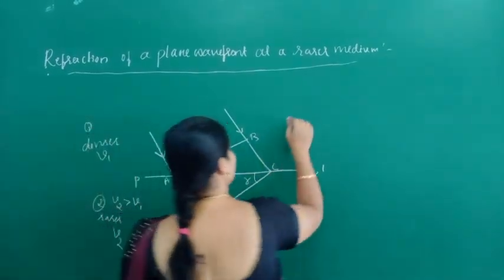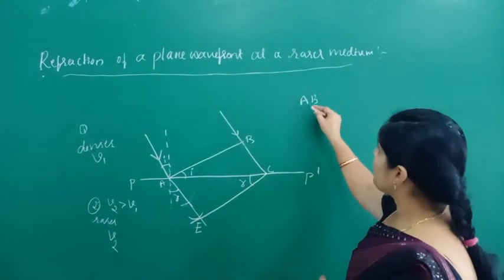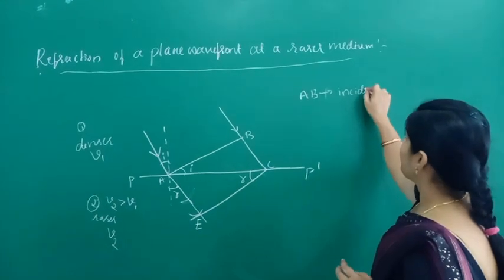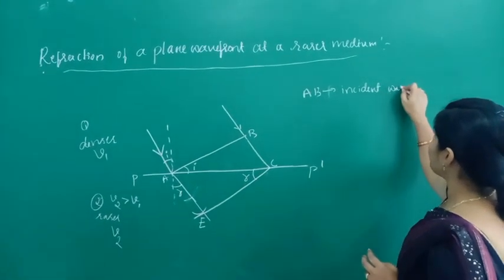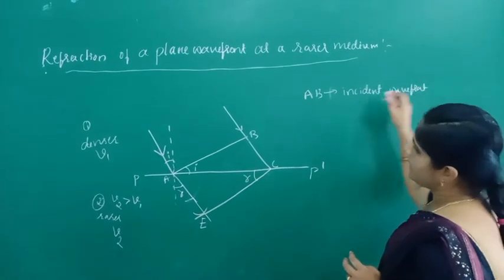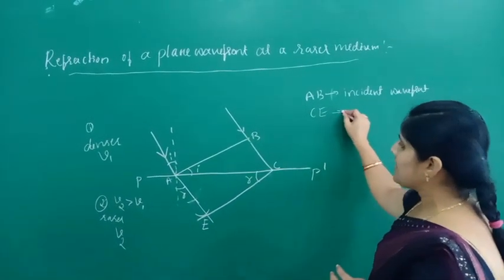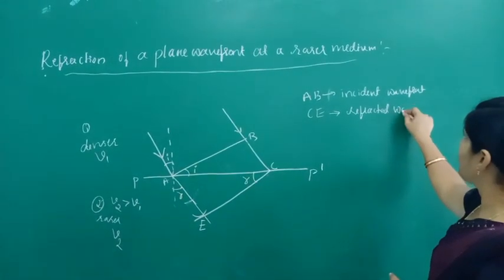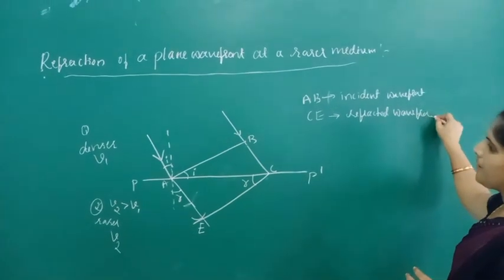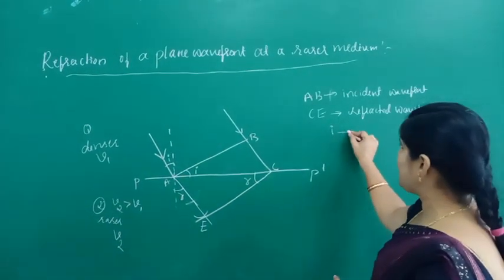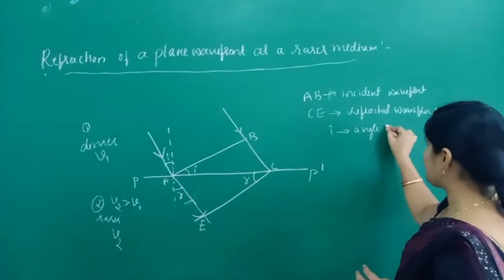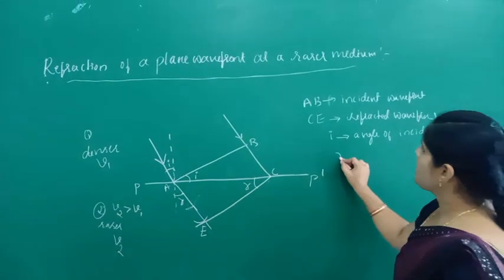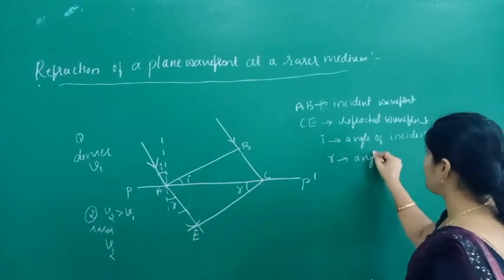Okay. So from the figure, what is AB? AB is the incident wavefront. Next, what is CE? CE is the refracted wavefront. What is i? i is the angle of incidence. What is r? r is the angle of refraction.